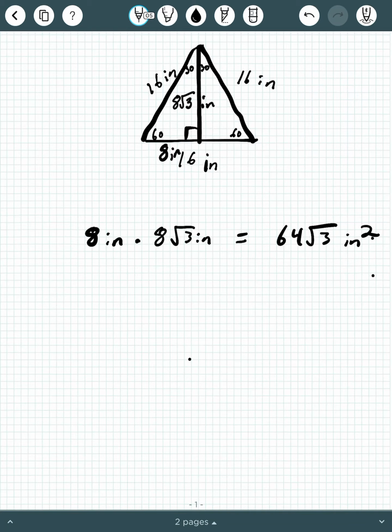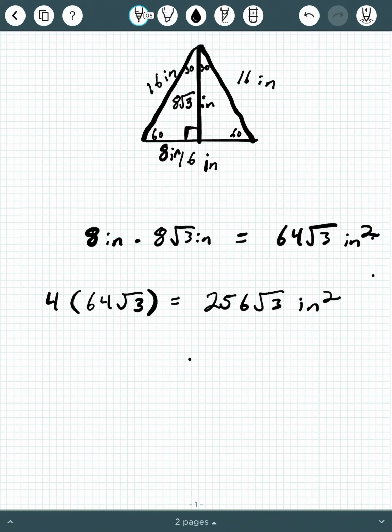If I were to get the smallest tetrahedron's total surface area, I know there are 4 faces, so it would be 4 multiplied by 64 radical 3, which gives us 256 radical 3 square inches for that surface area.